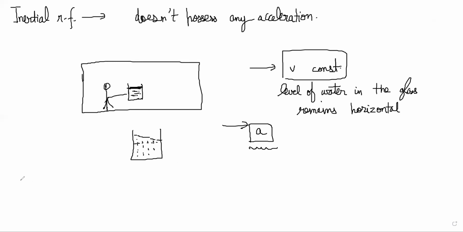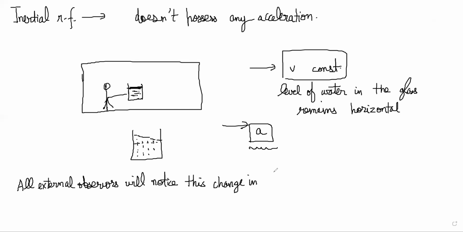So all external observers will notice this acceleration, will notice this change in level of water. So that means that everybody is seeing the effect of this acceleration, and everybody can conclude that you have an acceleration.